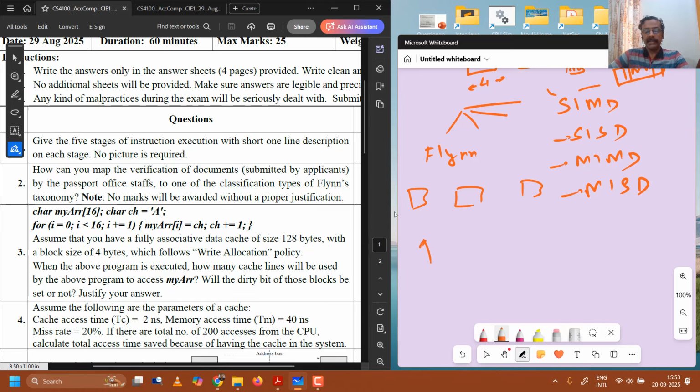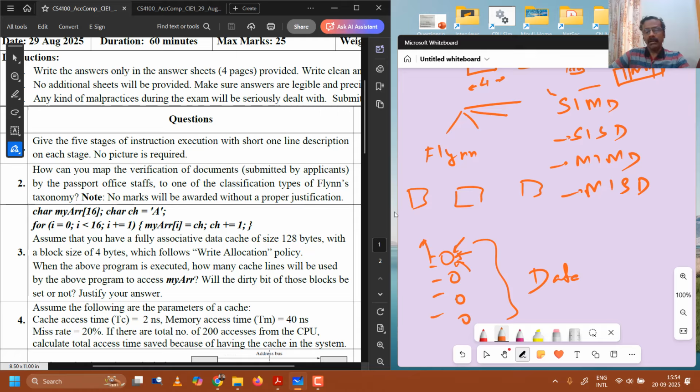We can consider them as data. Each applicant has different data of his or her own, personal data, which may be an Aadhaar card or a birth certificate, or it could be the qualification of that individual. So all this data is coming.